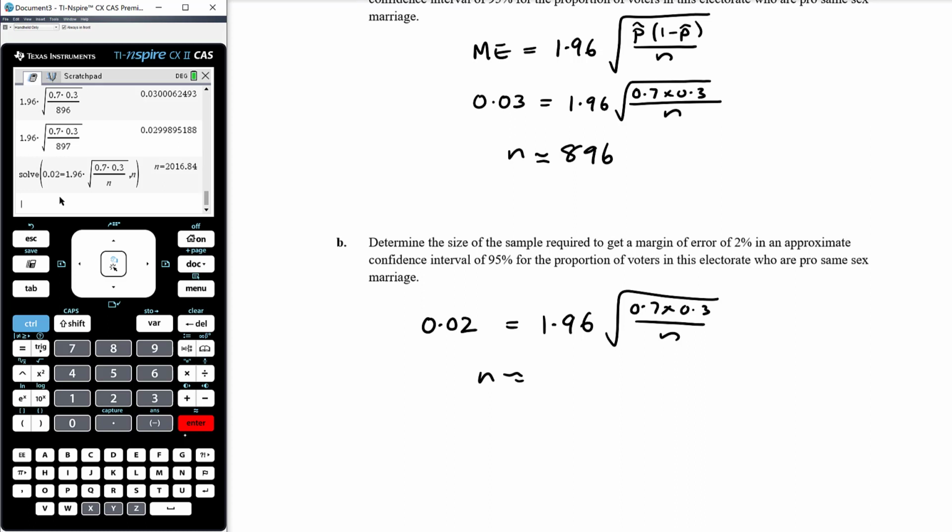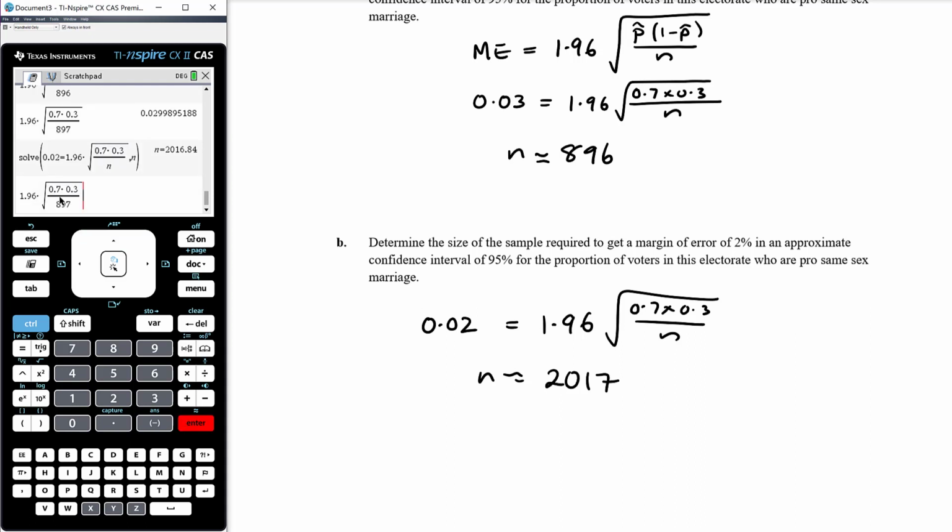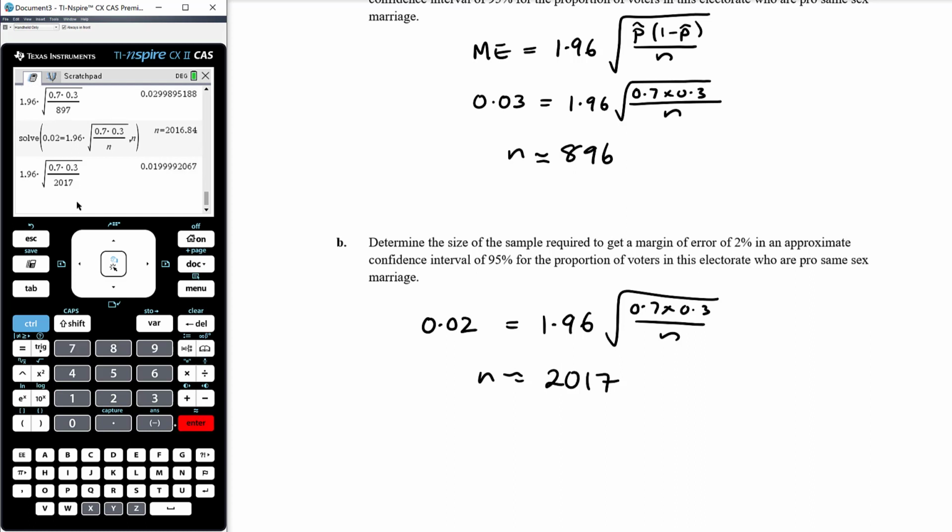Now again, let's have a look at the rounding here. So to the nearest whole number, I'd be tempted to write 2017. But if we do this calculation for 2017, let's just check. We actually don't quite get the 2%, technically speaking.